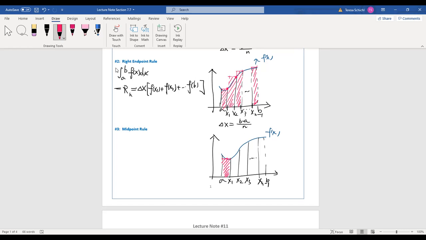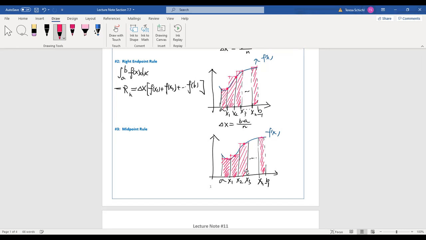The same way, the midpoint is here, touching the curve, so I use this rectangle to estimate. And if you find the midpoint here, then this will be the last rectangle.